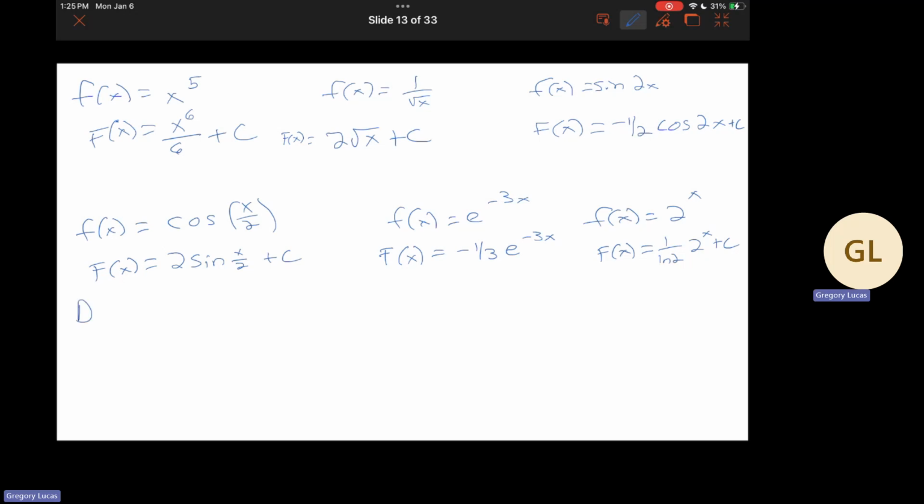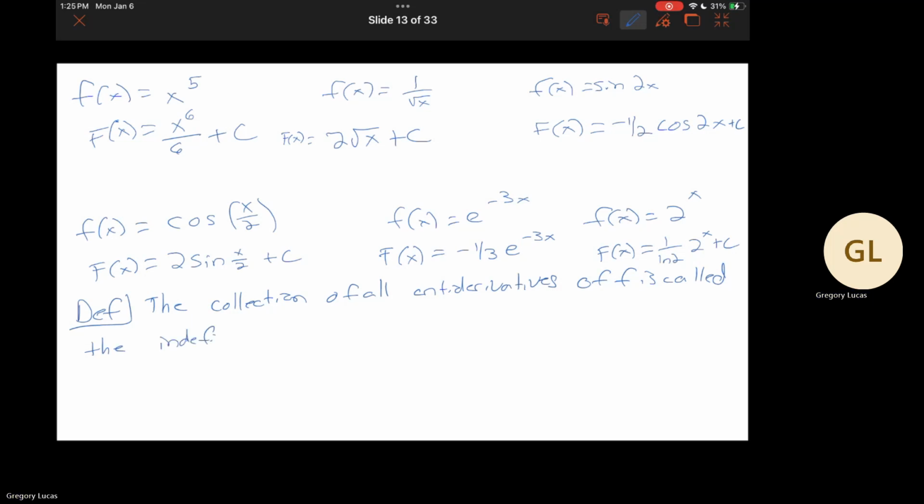Let me give you a definition. We say the collection of all antiderivatives of f is called the indefinite integral of f with respect to x.